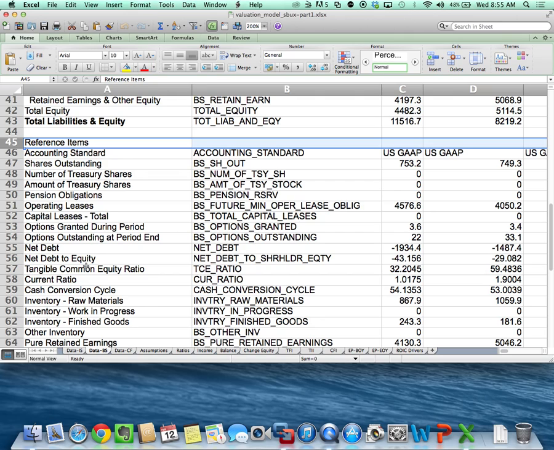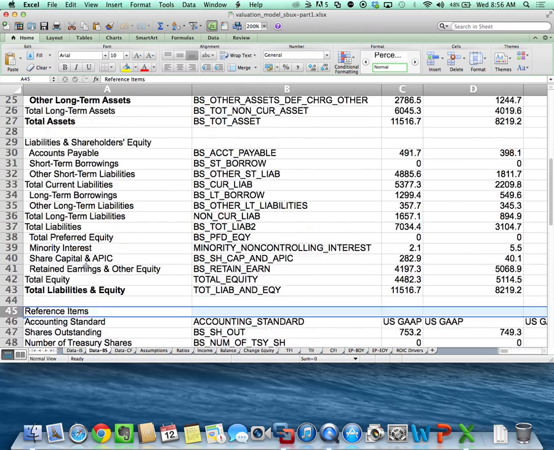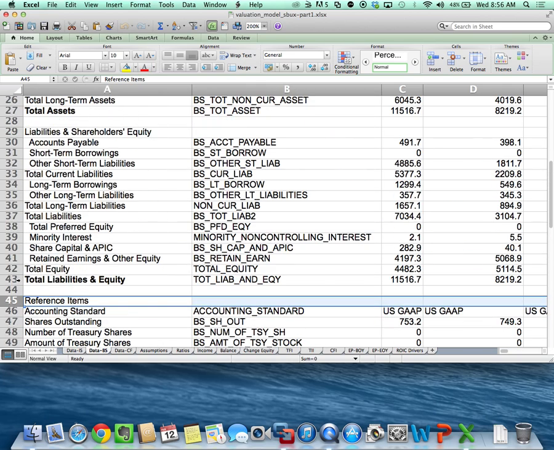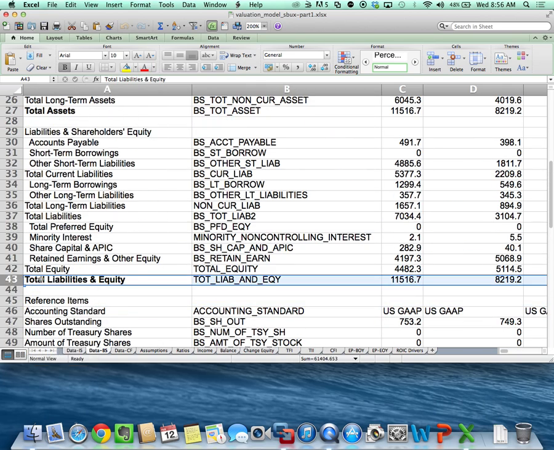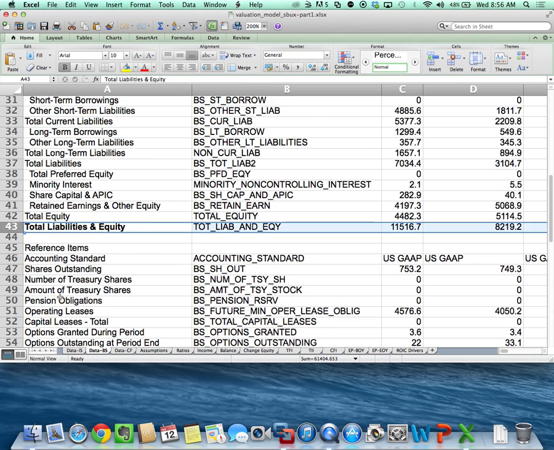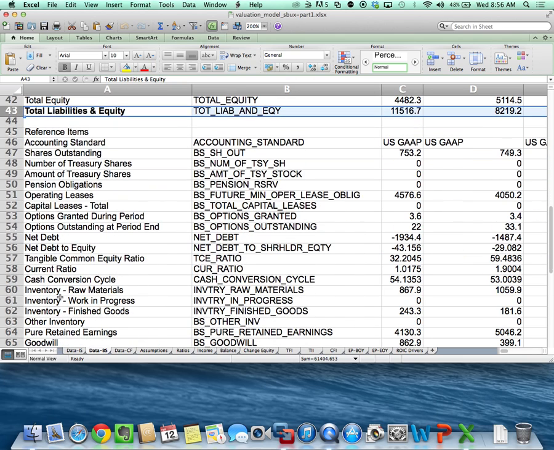The challenge that we will have with the reference item section is that the reference items differ by company. And the reference items that they put into the reference item sections don't always show up on the same row. So the statements are standardized through total liabilities and equity, but then once you get to reference items, they're not standardized across companies.